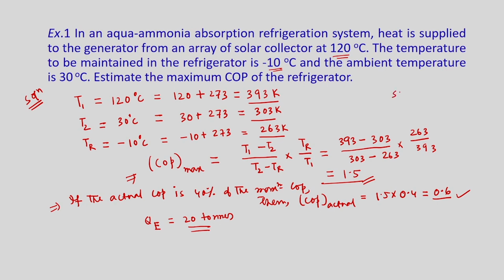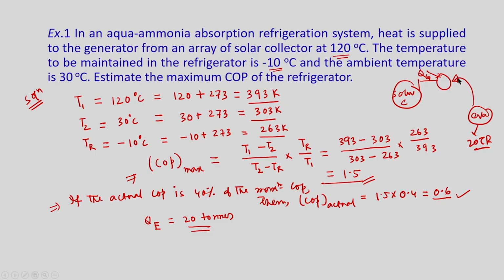The solar collector is here, I will write C, and we have to transfer some heat, which is Qg. If the evaporator load is about 20 TR, tons of refrigeration, then how much heat is required?